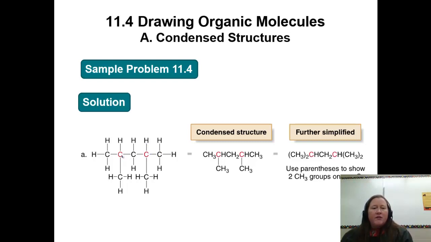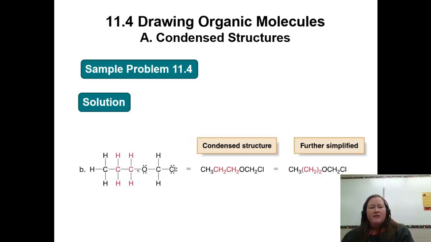Now on this carbon we do have a CH3 group, and on this carbon we have a CH3 group, which can be seen here. This is further simplified, that's kind of crazy. Very rarely will you actually see this. This is more typical.